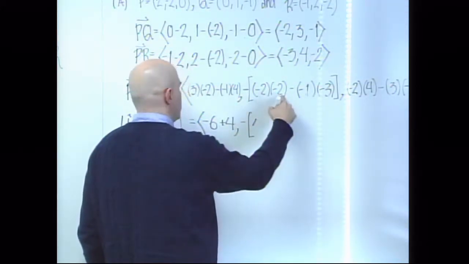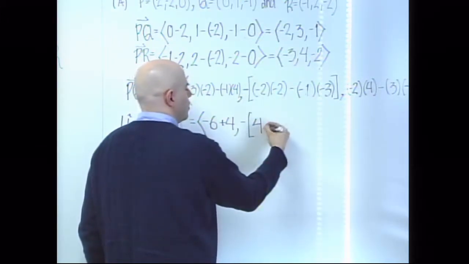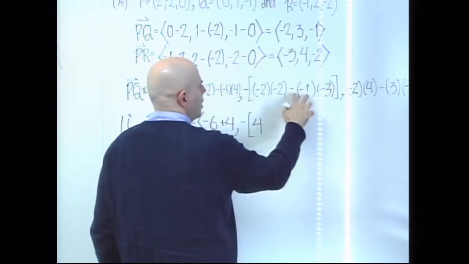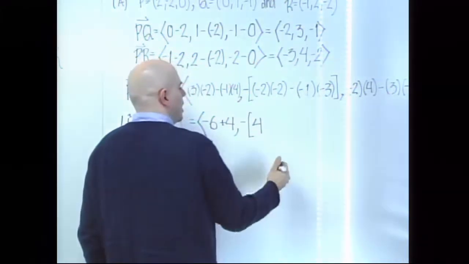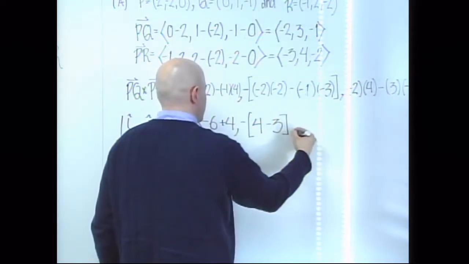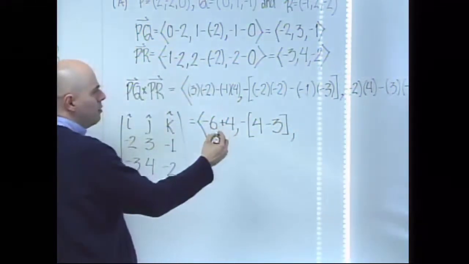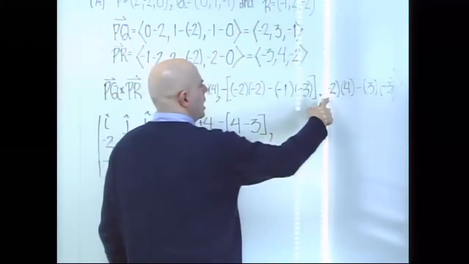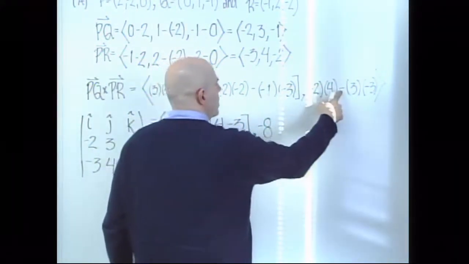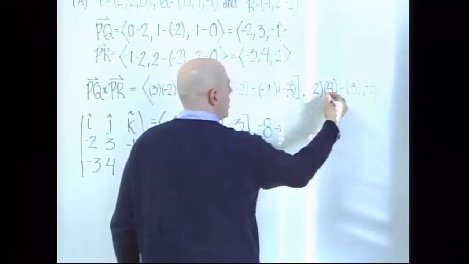So you have -2 times -2 is +4. Minus with this minus is plus, so you have plus 1 times -3 is -3. So that's the second component. And the third component is going to be -2 times 4 is -8, minus, with this minus is a plus, plus 9.